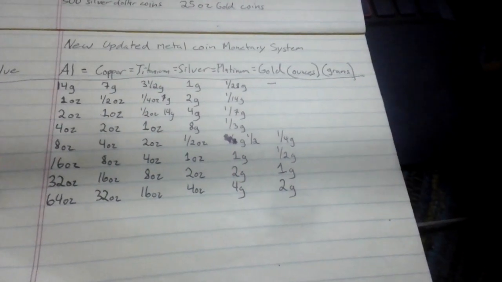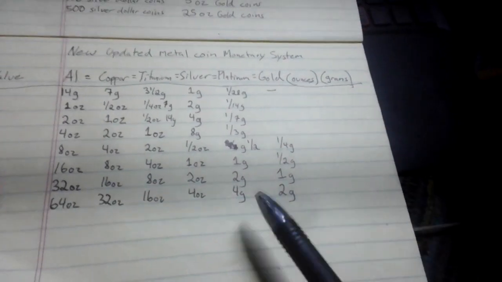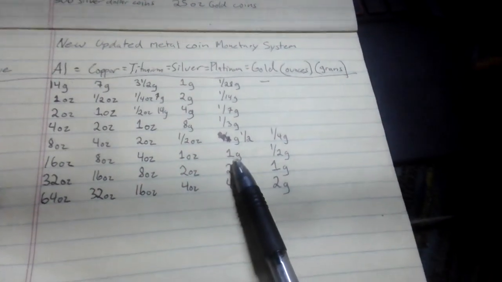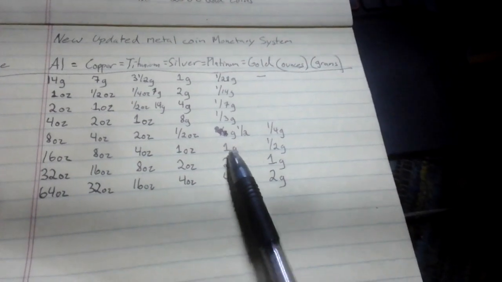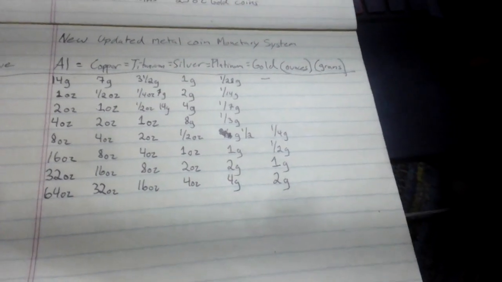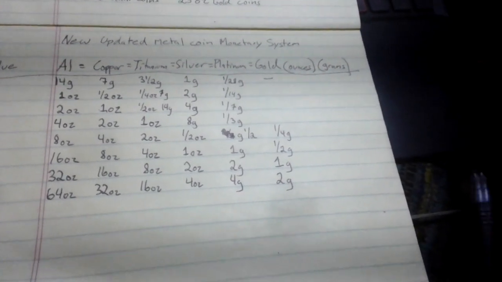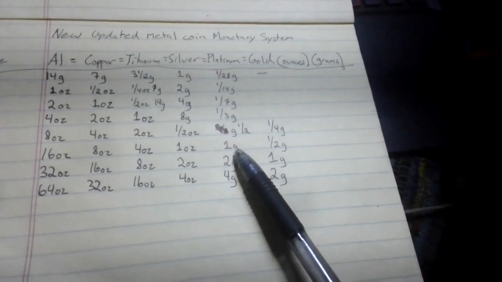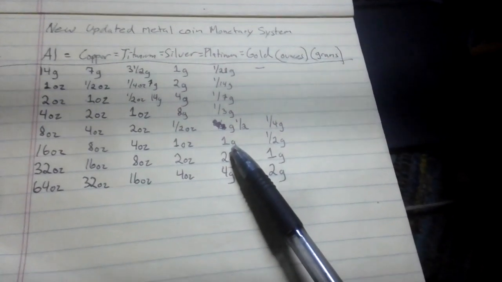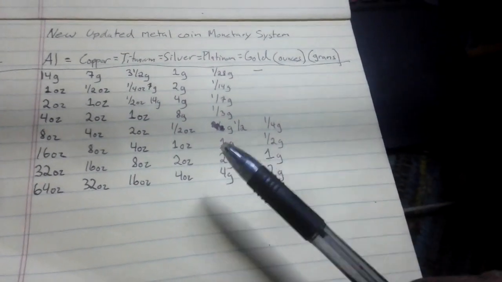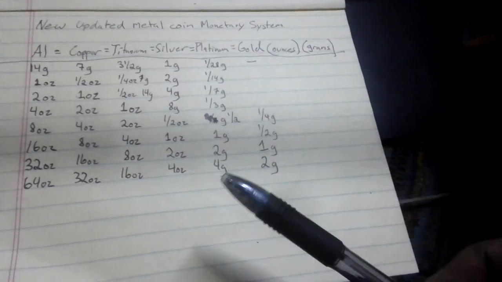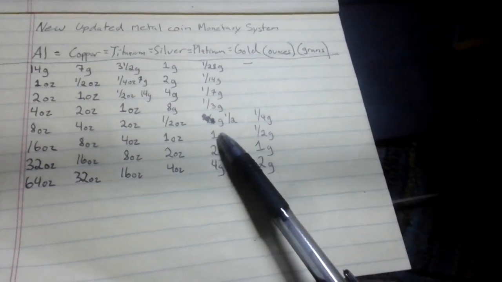If an ounce of gold is 28 grams, and it equals close to 2,000 Federal Reserve note dollars today, that means 1 gram of gold probably is like 150, 180 Federal Reserve note dollars.